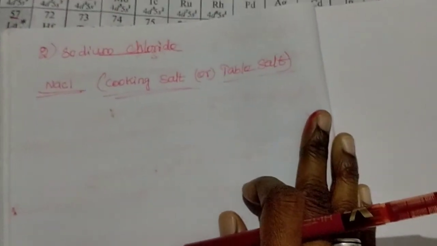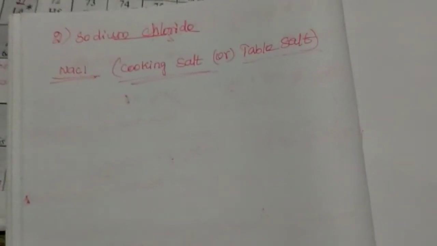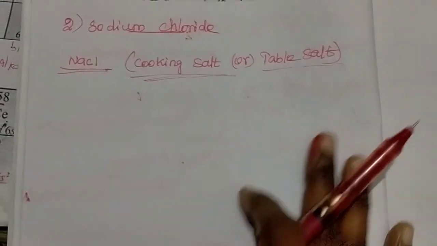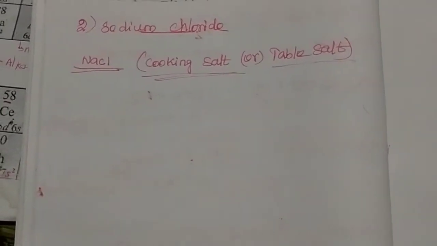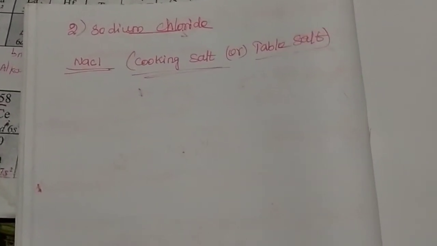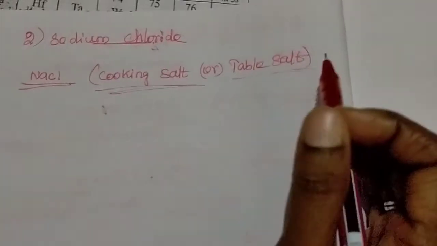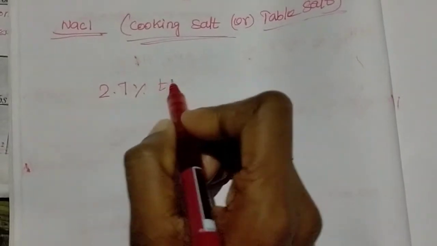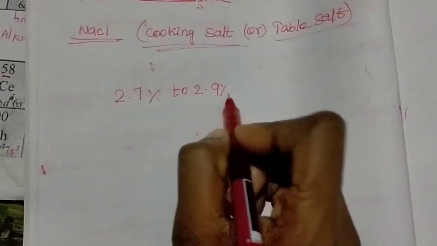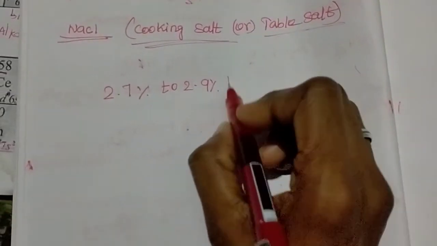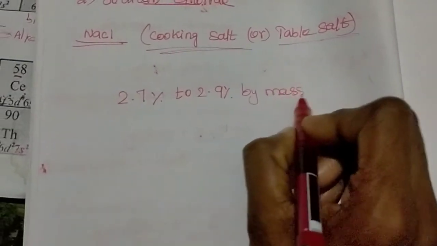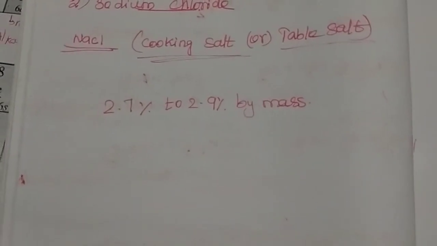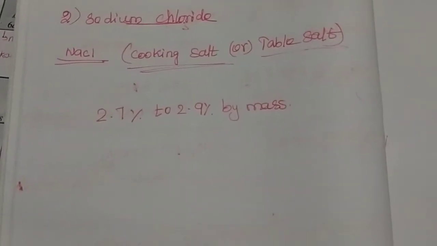The process involved in the preparation of sodium chloride is generally evaporation of water from seawater containing salt compounds. Seawater contains 2.7% to 2.9% salt by mass dissolved in it. So generally sodium chloride is prepared from seawater.